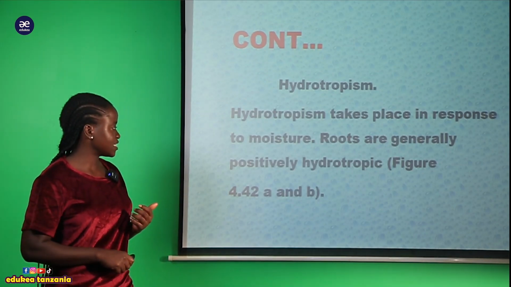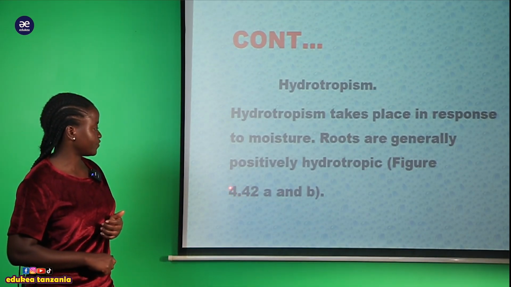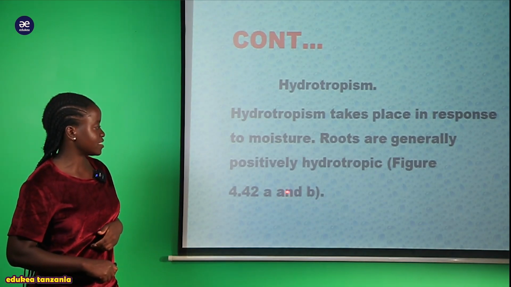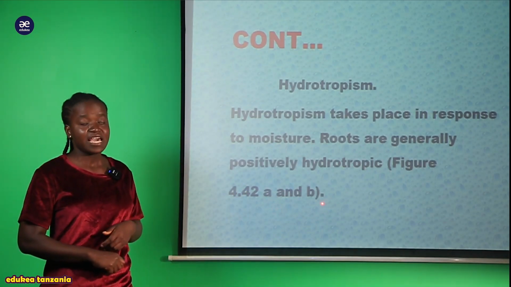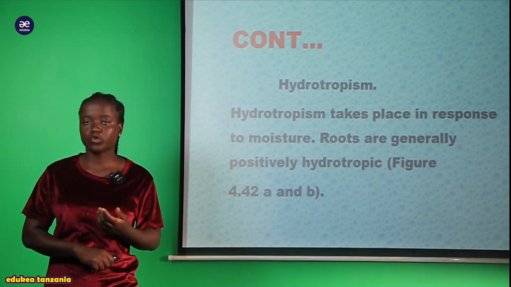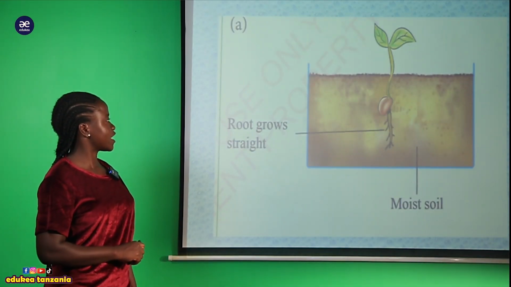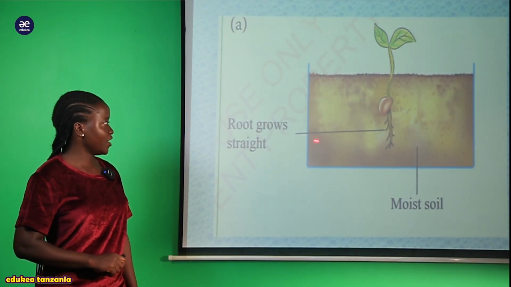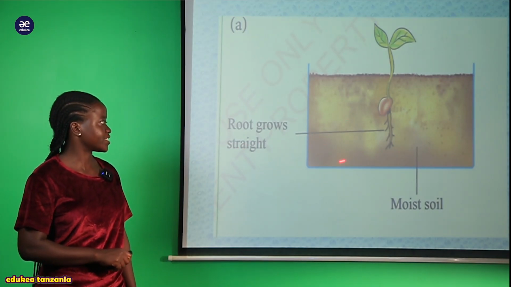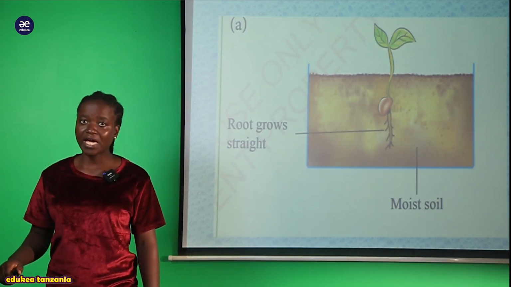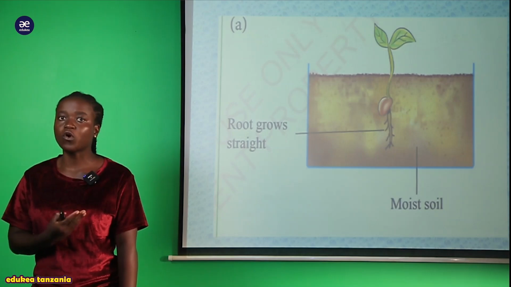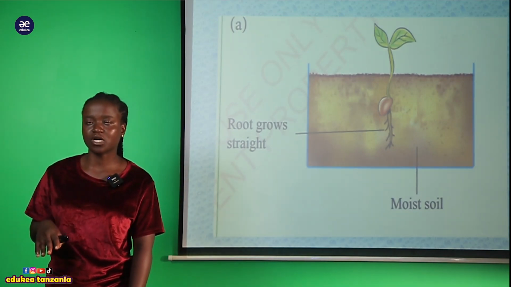So we are going to see figure 4.42a and 4.42b. When we start looking at 4.42a, you can see the root is straight, within the soil where there is a presence of water or moisture content.